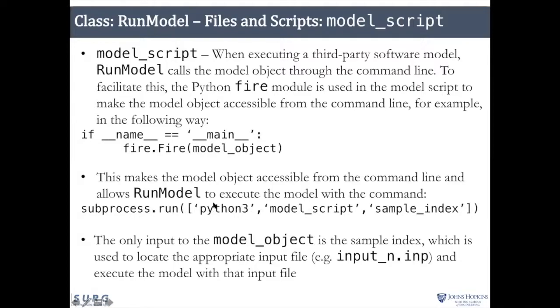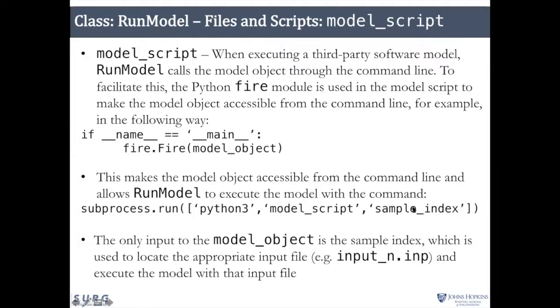So on Windows systems, RunModel automatically calls python instead of python3. On other POSIX systems, the appropriate call is python3, and it uses the name of the model script and passes only the sample index, which is the input to the model object.